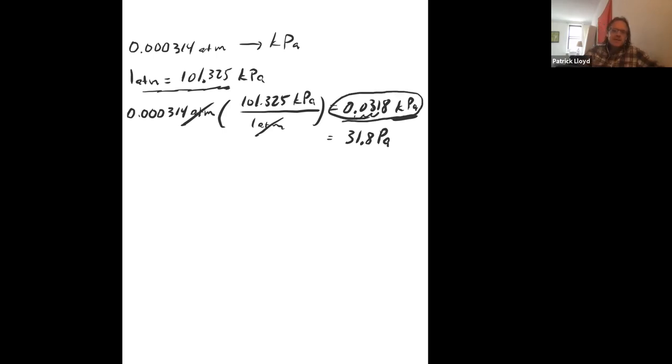Okay, that's the first type of problem. The second type of problem is converting atmospheres and torrs. So let's look at that one.